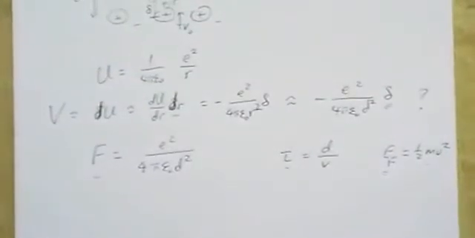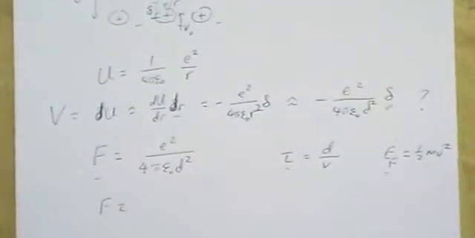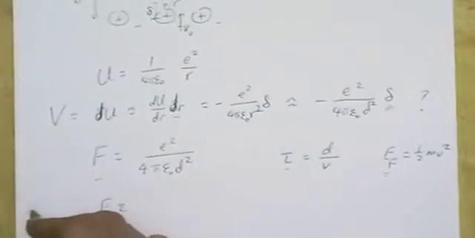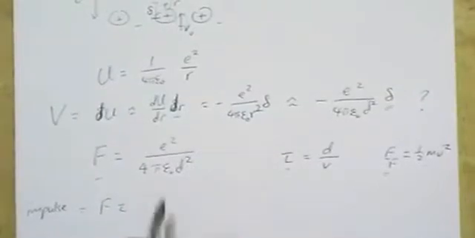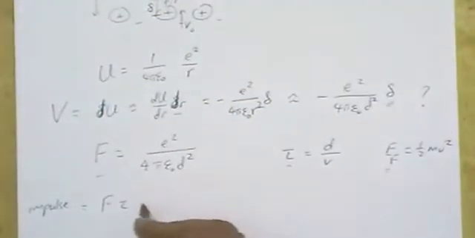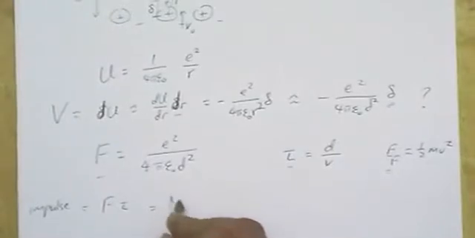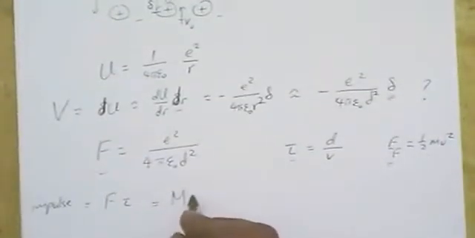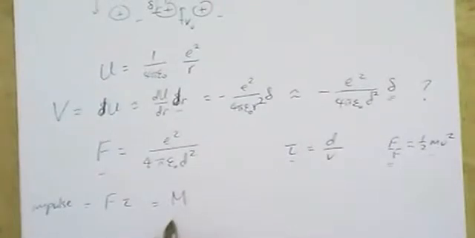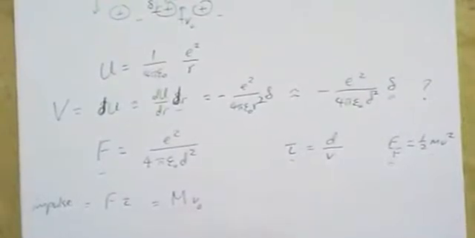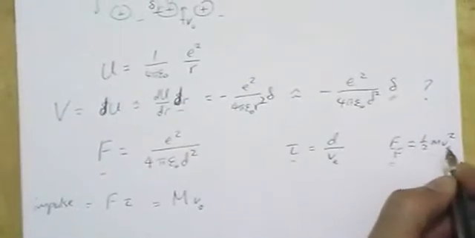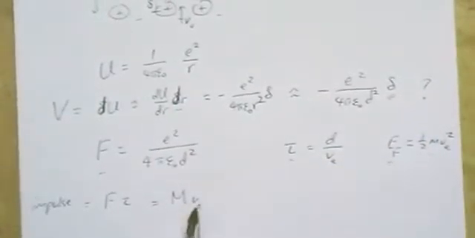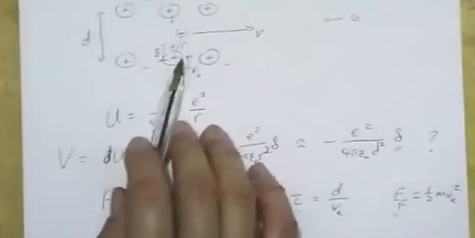This impulse, force times time, would cause a change in momentum on the positive ion, which is given by the mass of the ion times, let me use a capital, okay, let me use V naught. I should call that V E for velocity of the electron. So I'll call V naught the starting velocity of the ion.